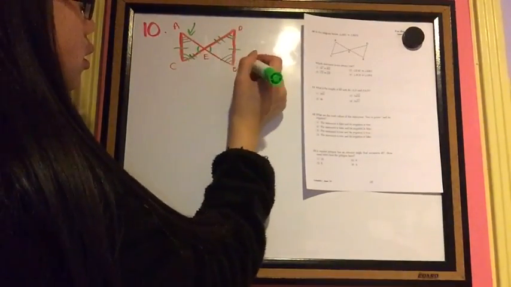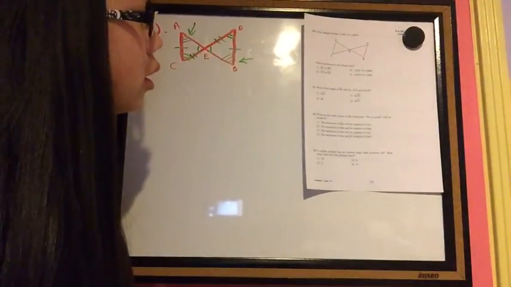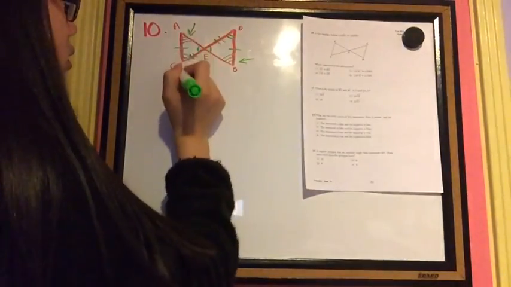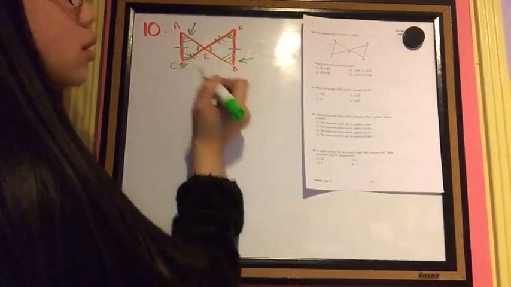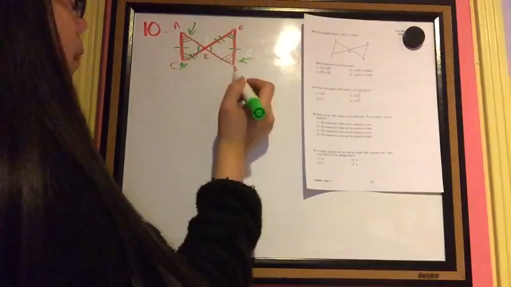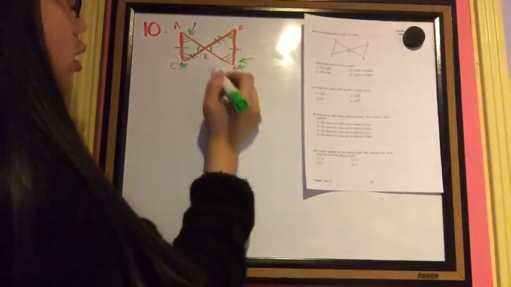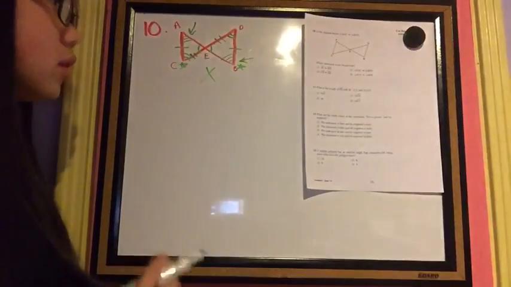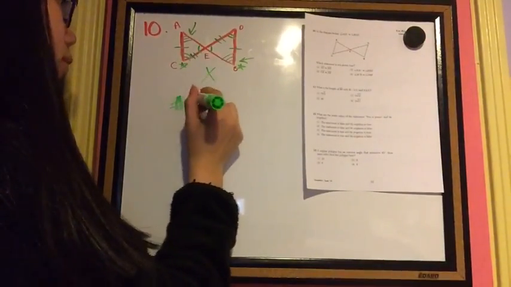That is also correct. And the last one is angle ACE, this one right here, is equal to DBE, which would be right here. And we know that's untrue because this one is equal to this one. So your answer is number 4.